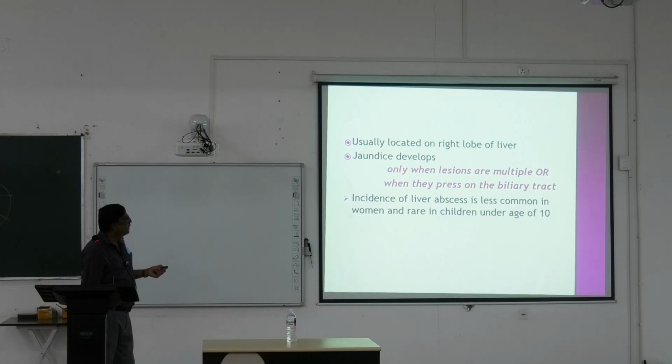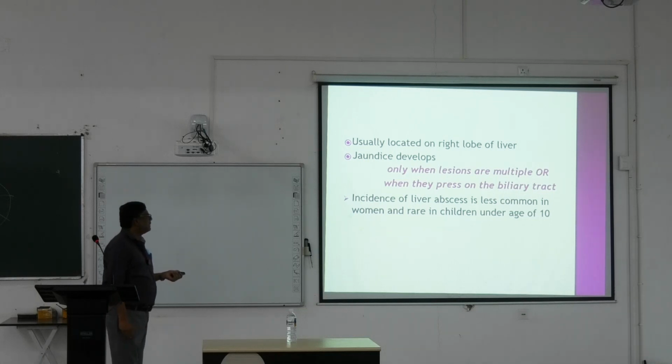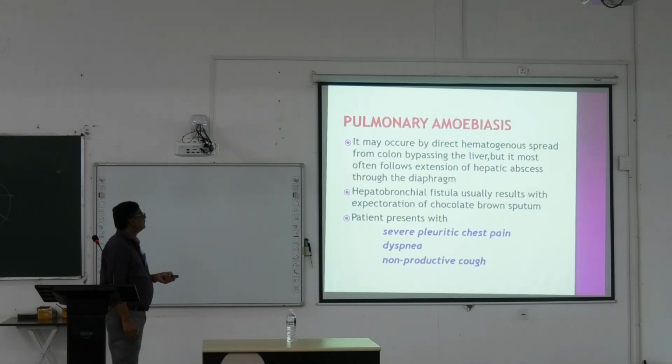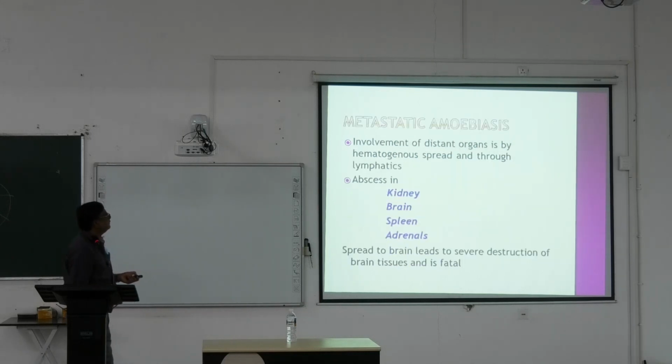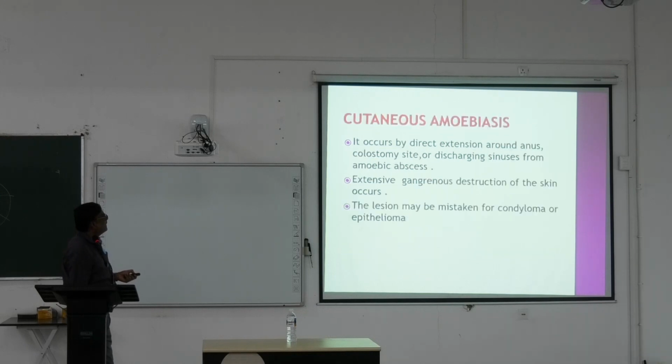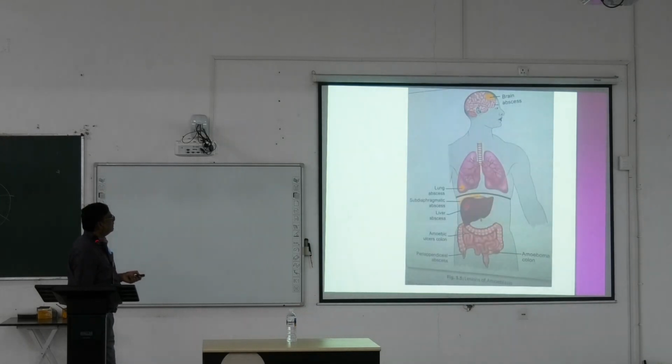Jaundice develops only when lesions are multiple or when they press on the biliary tract. Incidence of liver abscess is less common in women and rare in children under the age of 10. Every organ may be involved.